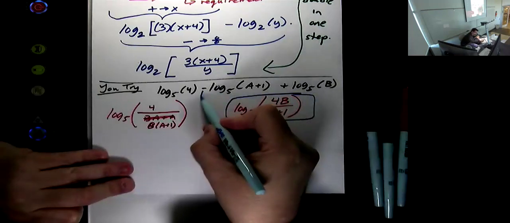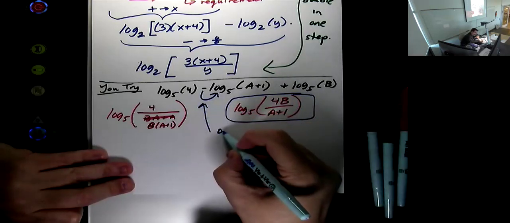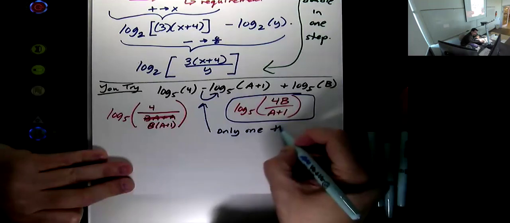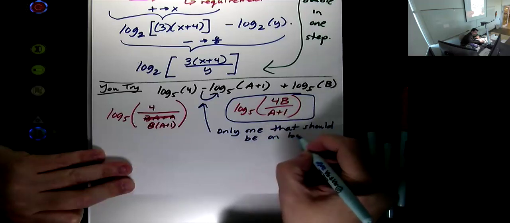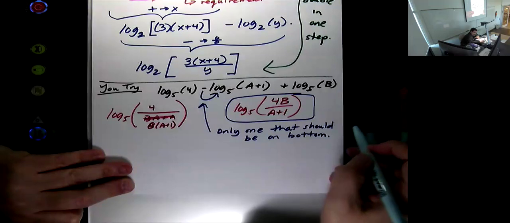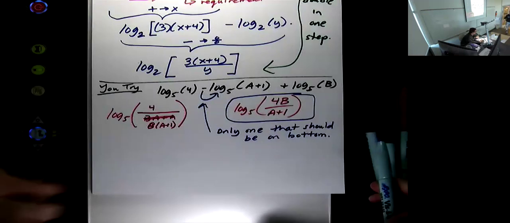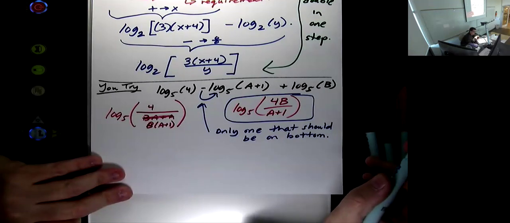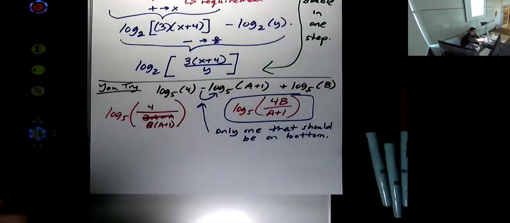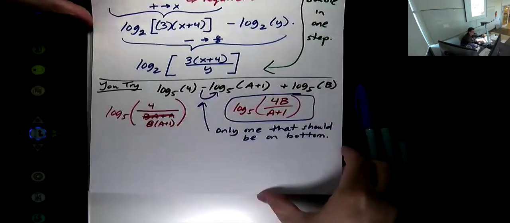This minus only applies to this log, so that one is the only one that should be on the bottom. Make sure that you keep the signs with what's going together. I'm guessing you transferred the minus sign to the b on accident.